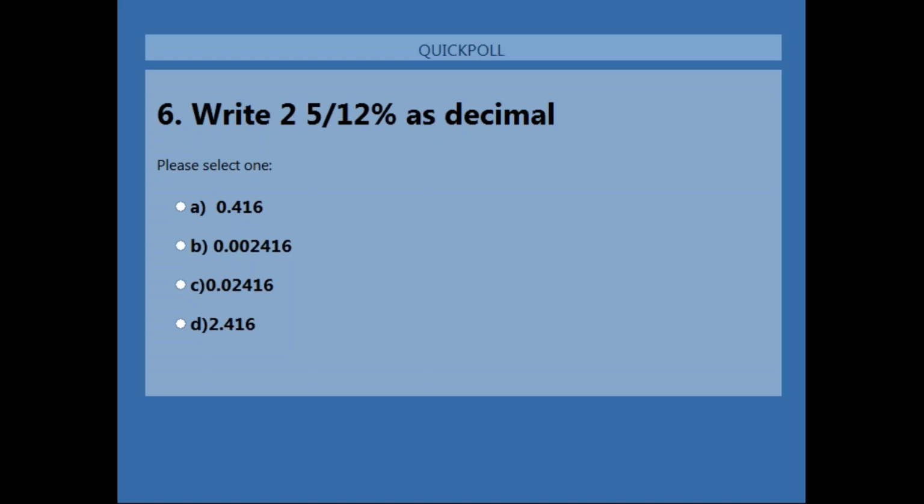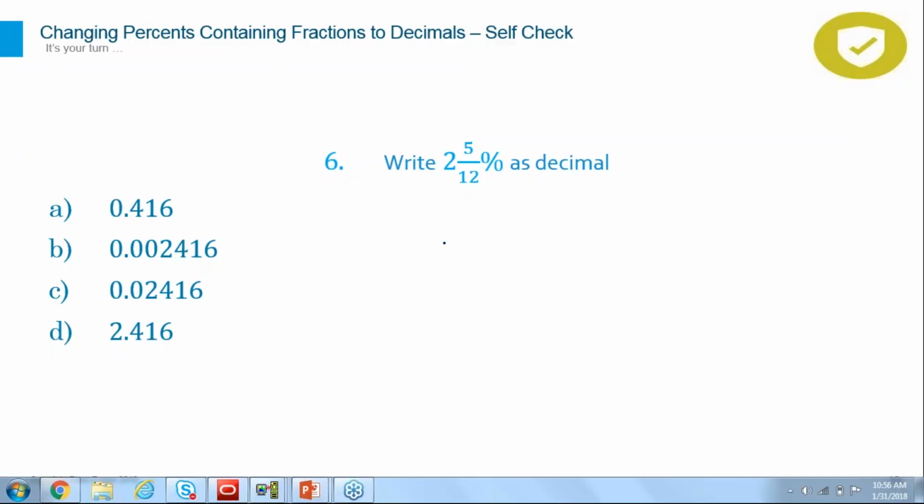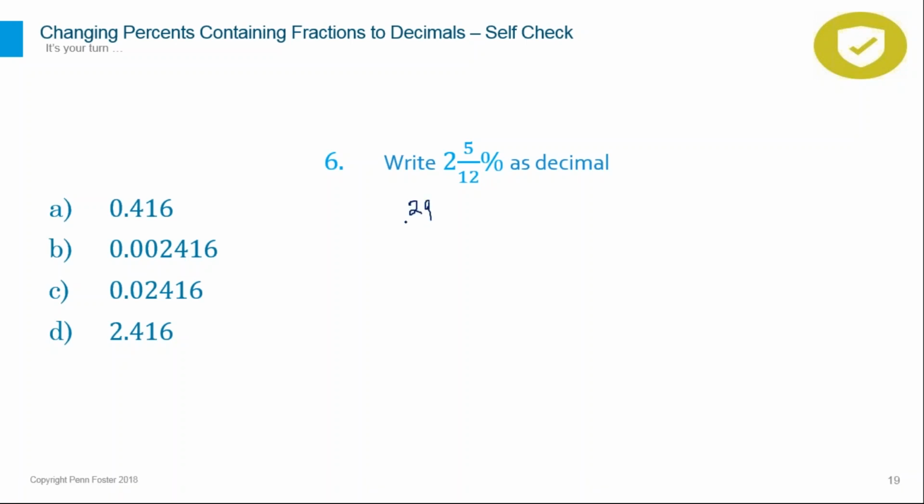Okay, let's do that together. We have 2 and 5 over 12. It's a mixed number. We cannot use that, so switch it to the improper fraction. The improper fraction form is 29 over 12. You either divide over 100 now, or decide on the decimal form of 29 over 12 and then divide over 100.